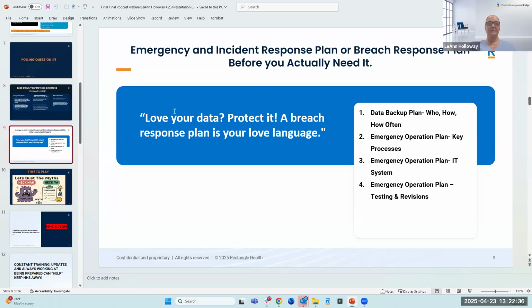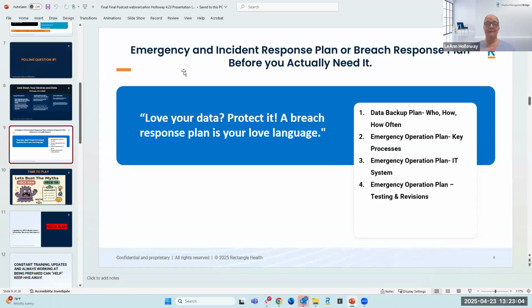All right, let's jump into the emergency incident response plan, or breach response plan as people call it, before you actually need it. A lot of my clients, honestly, friends, I'm going to call them because that's what they are, I do real talk. I shoot from the hip. I tell it how it is. Data breaches are no longer an if, it's a when.